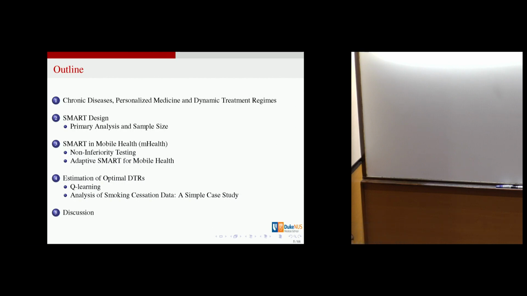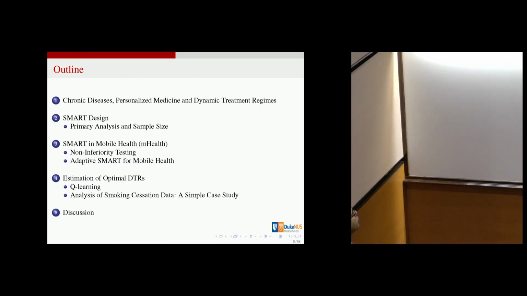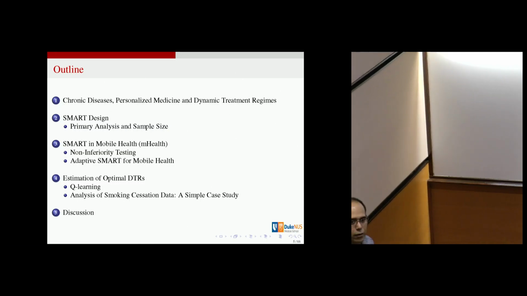So in that broader context, today I will review the concept of a special type of trial design called SMART design. SMART stands for Sequential Multiple Assignment Randomized Trial. And as the name suggests, it basically encompasses that picture of repeated intervention, sequential multiple assignment. You assign treatment many times, right?